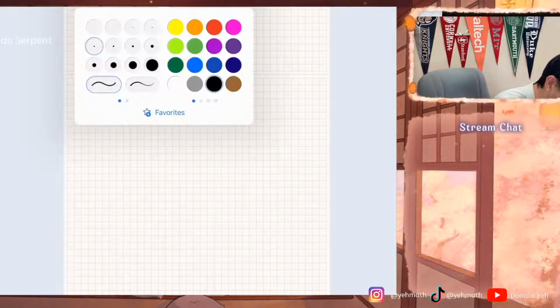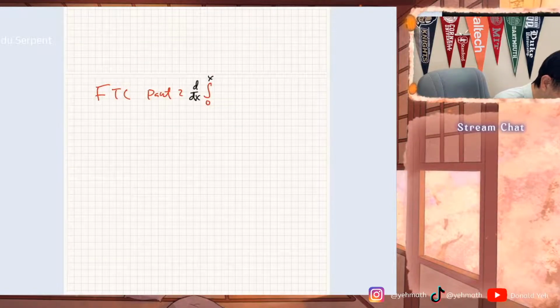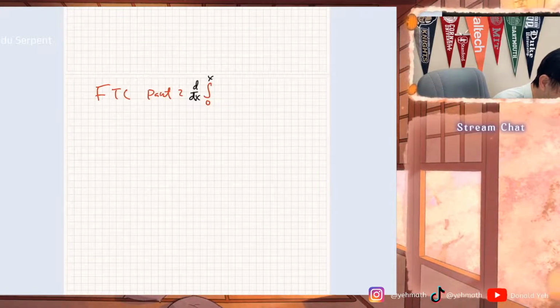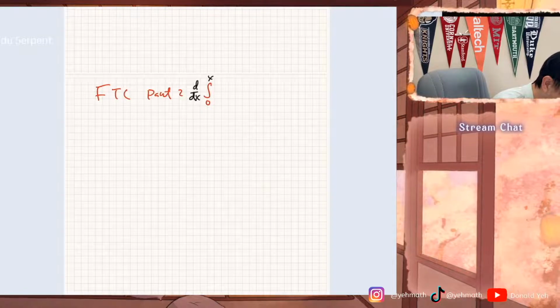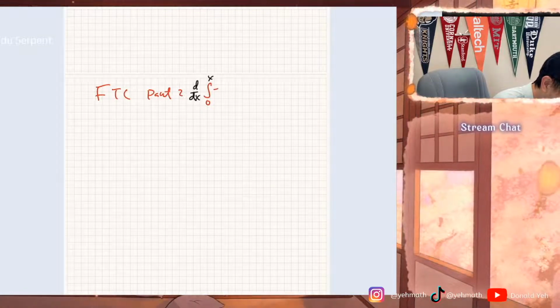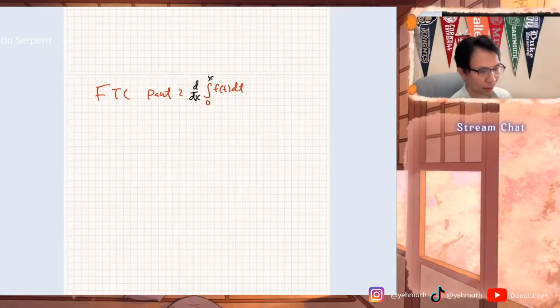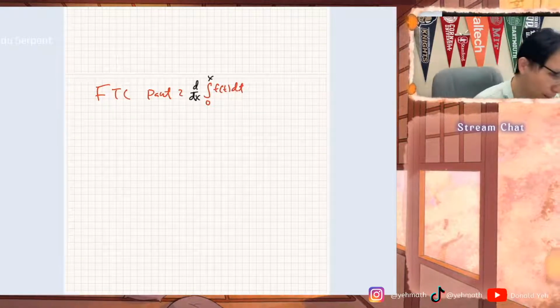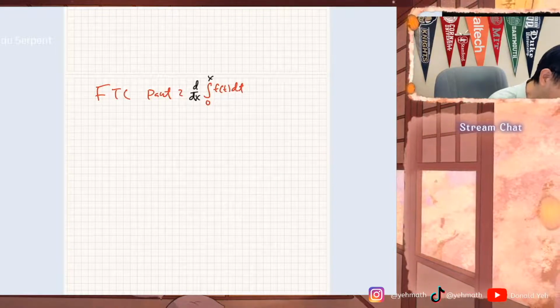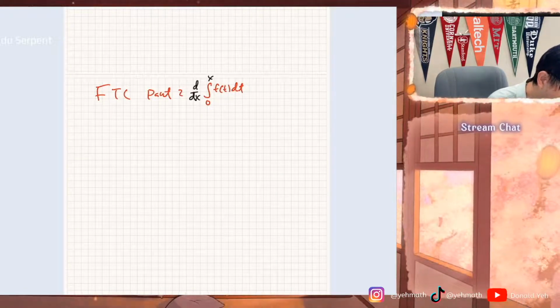If I have some type of function, let's say f of t dt, it doesn't matter. You can use t or use x. That's just equal to f of x.